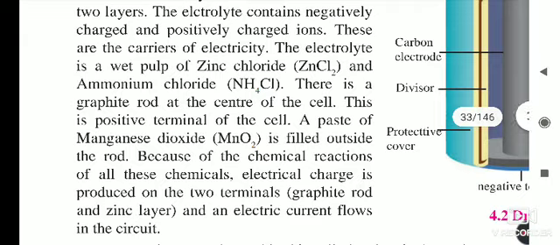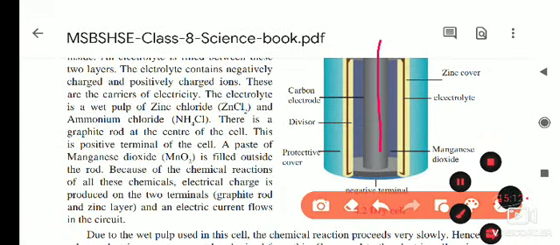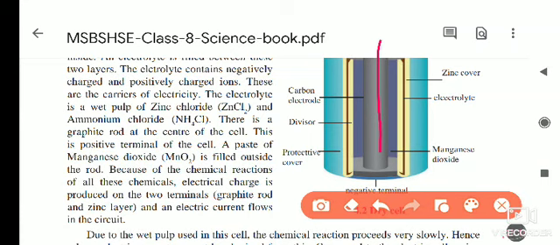Now there is a graphite rod at the center of the cell. If you see here, this graphite rod at the center is the positive terminal. Just now I told you the outer zinc is the negative terminal, and this carbon rod is the positive terminal of the cell.